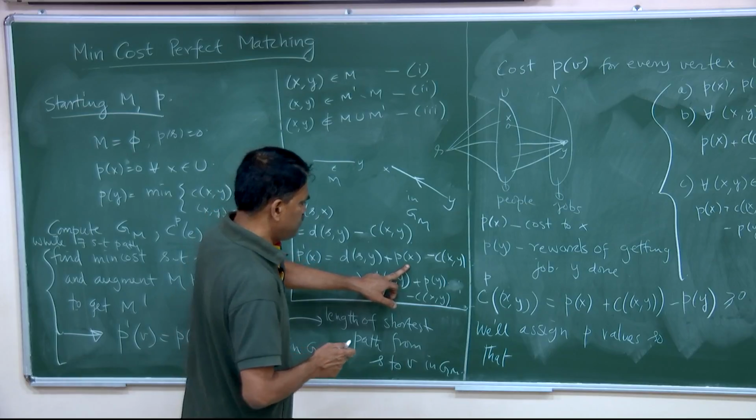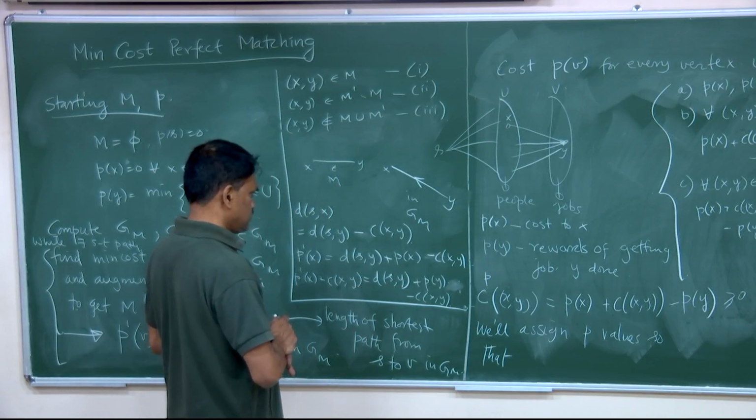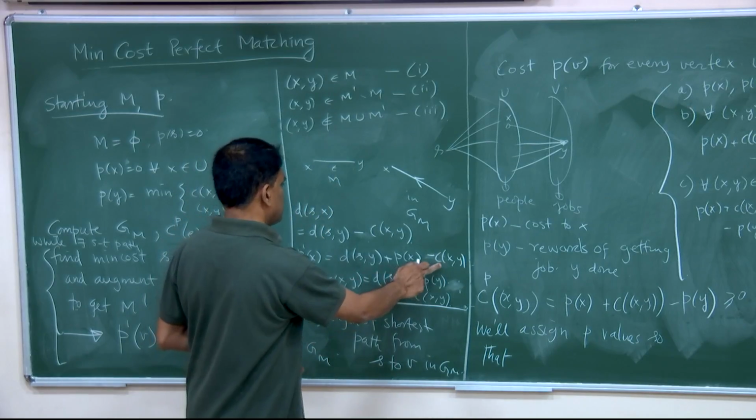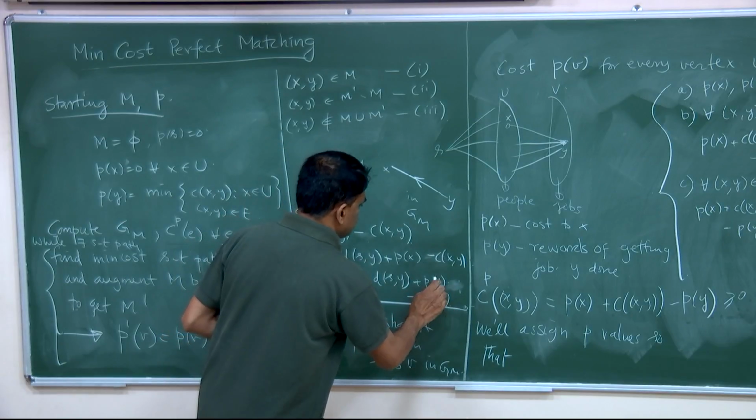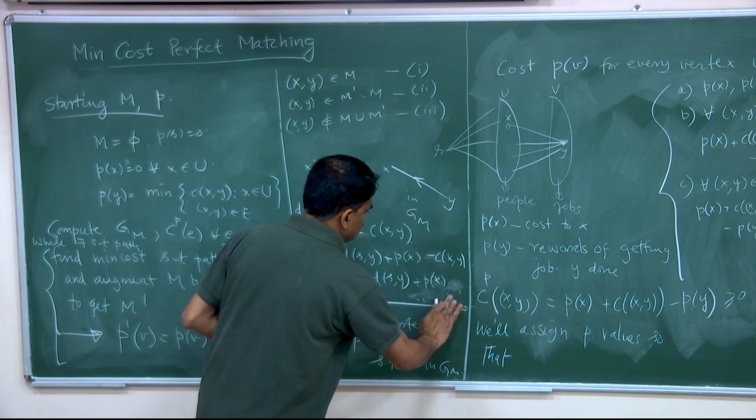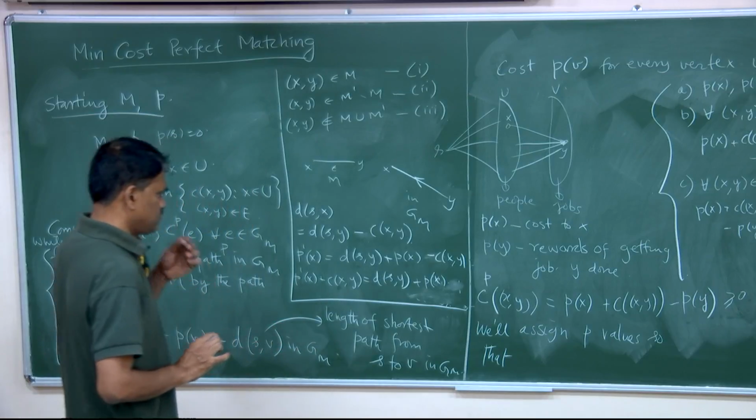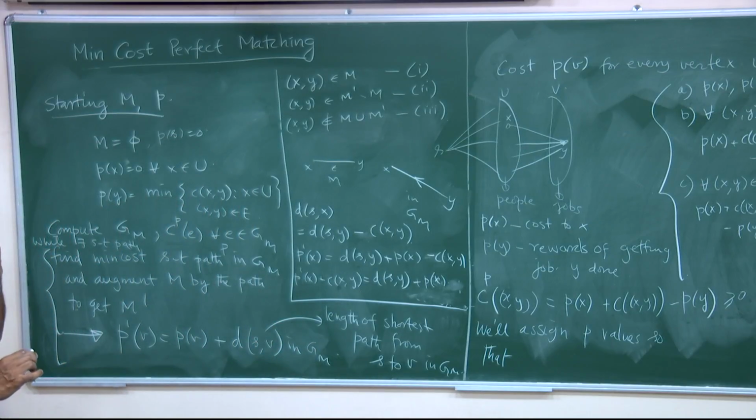Oh, plus cxy will cancel out, so it's just px. Now, I have not used the fact that it is.